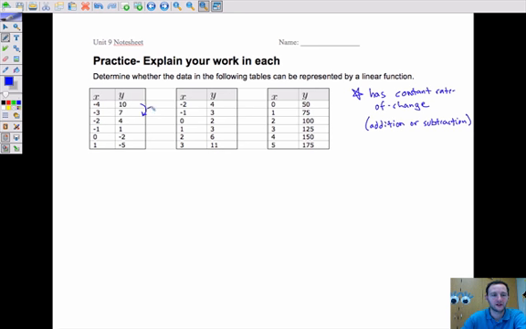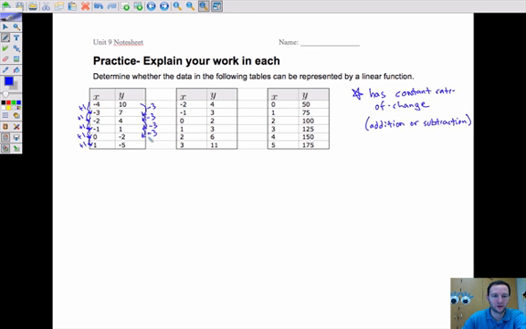from 10 to 7, this goes down 3. So we're expecting that to happen again when x goes up by 1. So if x goes up by 1 right here, this goes down by 3. X goes up 1 again, y goes down 3. X goes up by 1 again, y goes down by 3.